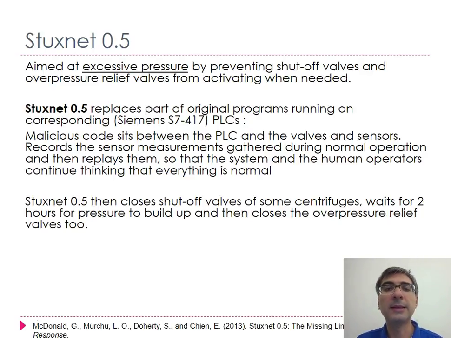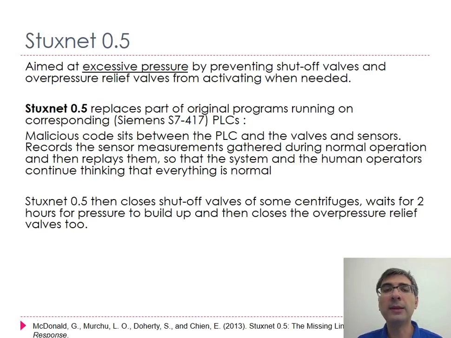An interesting part is that this early variant of Stuxnet had malicious code sitting between the PLC and the devices, the valves and the sensors. It recorded the measurements coming from the sensors during normal operation, and then replayed them later.